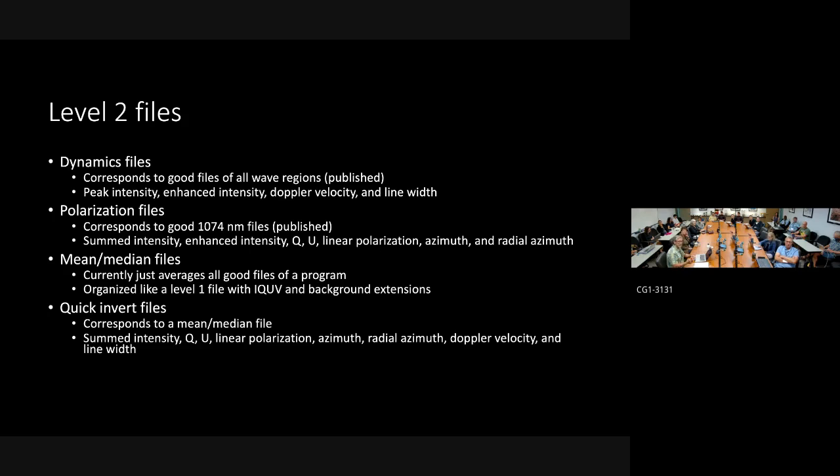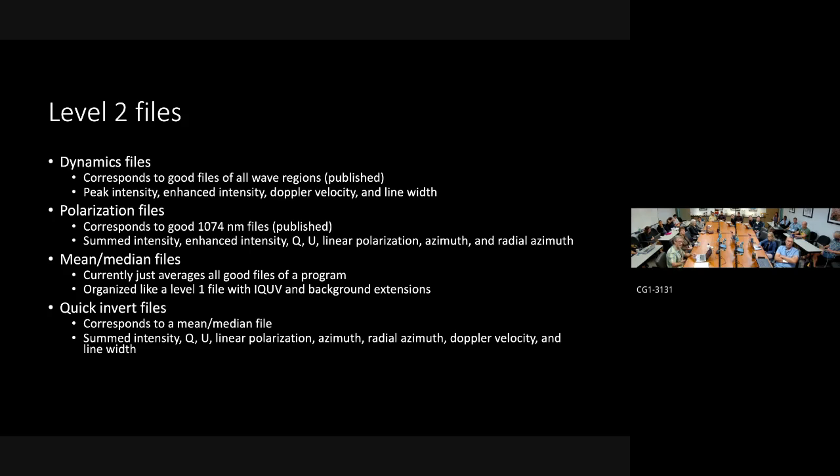An enhanced intensity, which is an image processing technique to bring out the contrast, right? So if you want to see structures, you might be able to see it better in the enhanced intensity. And then a Doppler velocity and line width found from that Gaussian fit as well. Okay, so all intensity based.